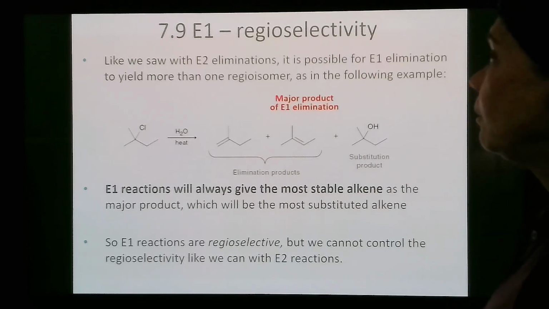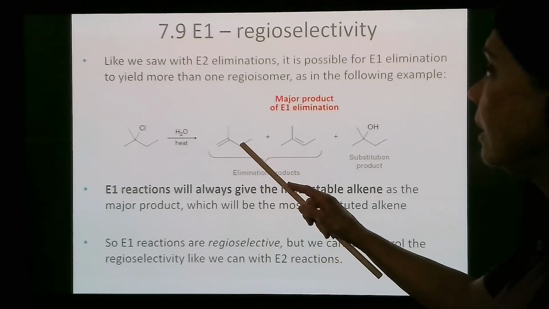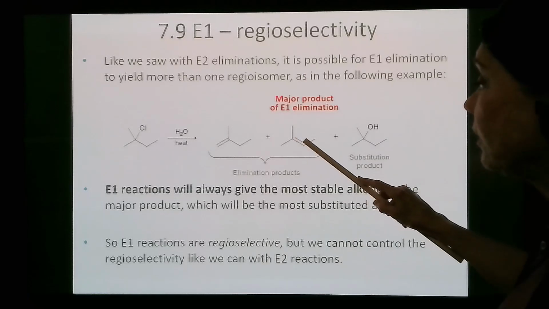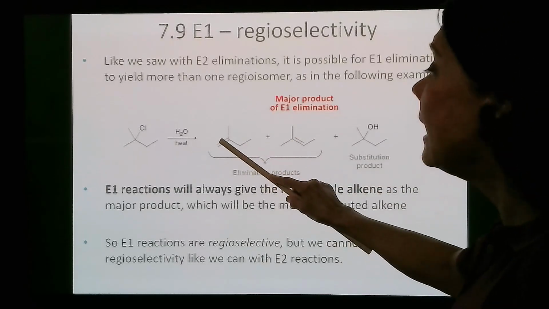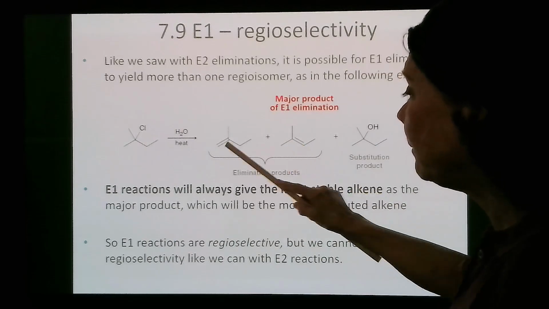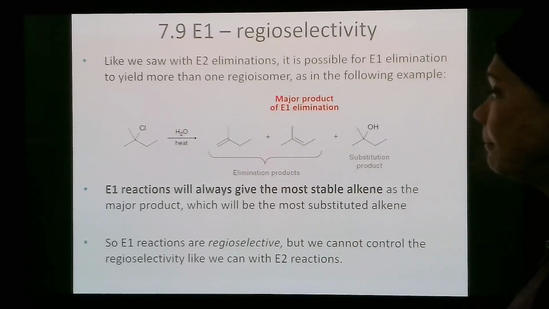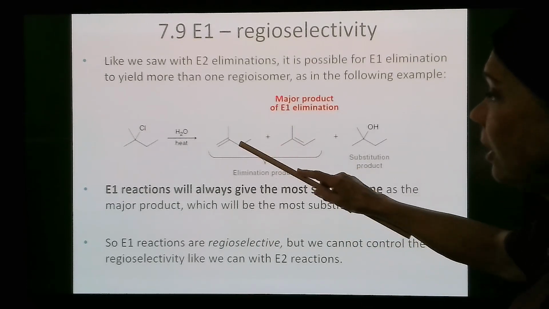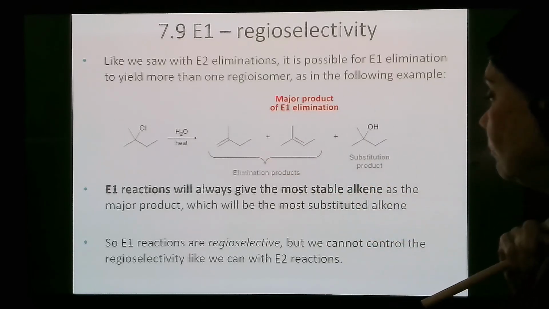So it's possible for the E1 elimination to give you more than one regioisomer. Remember, regioisomer means which region of the molecule does the double bond form in. Here is an internal double bond. This is a terminal double bond. And this is going to be the major product of E1 elimination. You're going to have both of those.